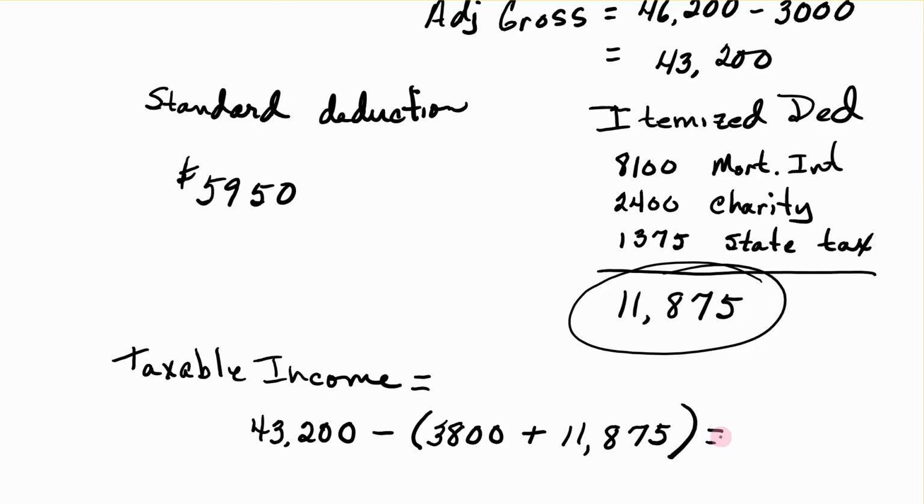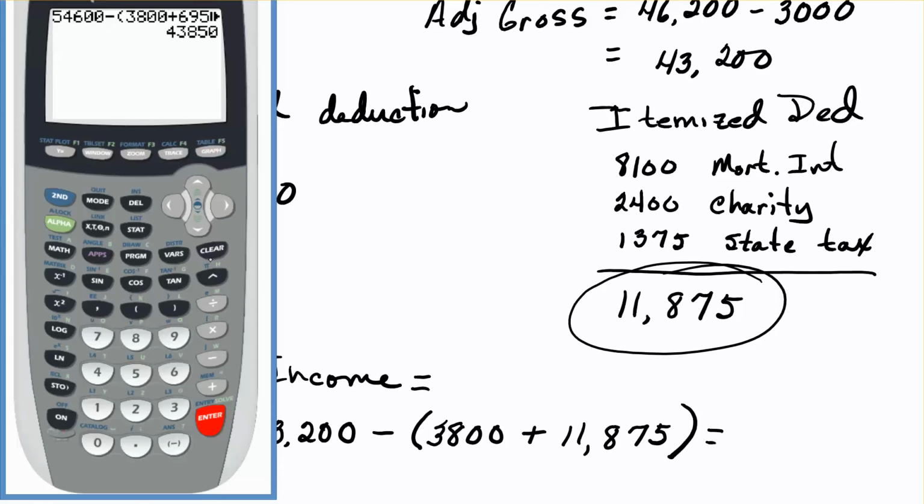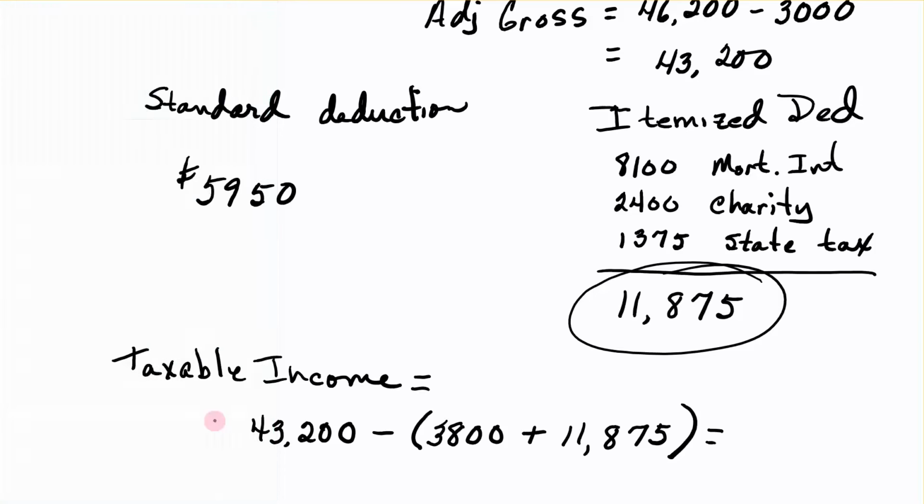You can do it all on your calculator. It is 43,200 minus parentheses 3,800 plus 11,875. Close those parentheses, and I get 27,525.